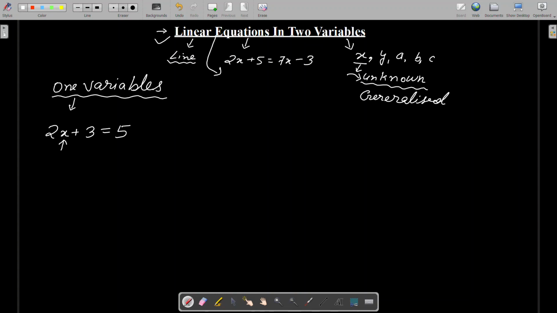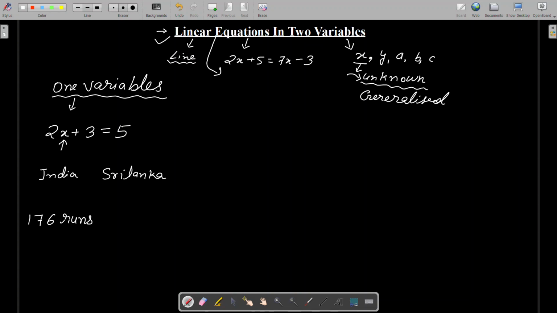Now let us consider one example. I'm taking this example from your NCERT book only. It's given that in a one-day international cricket match between India and Sri Lanka, two Indian batsmen together scored 176 runs.